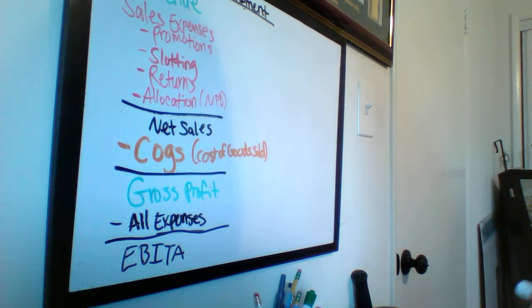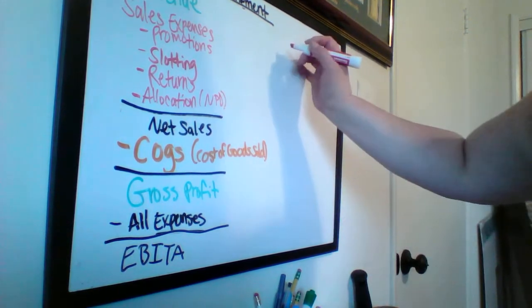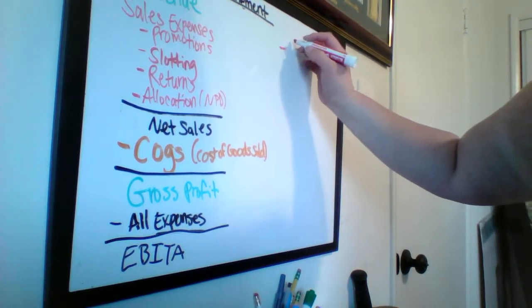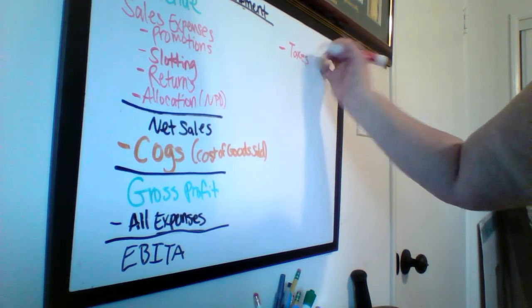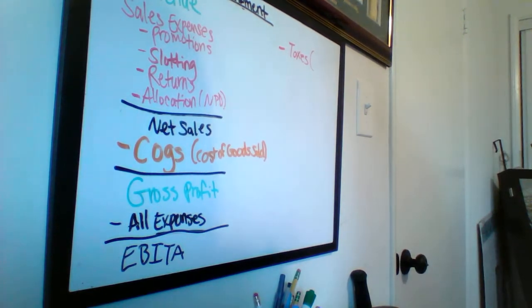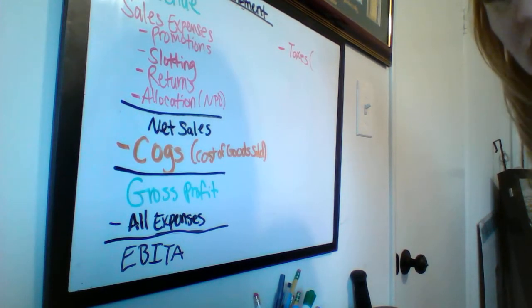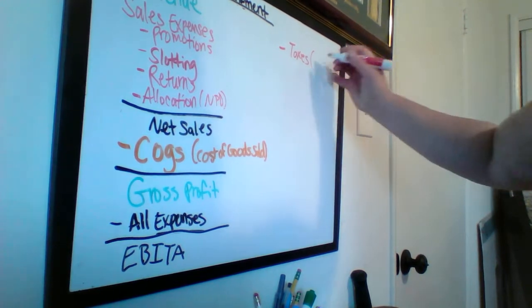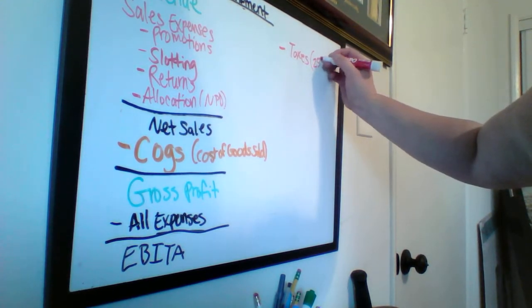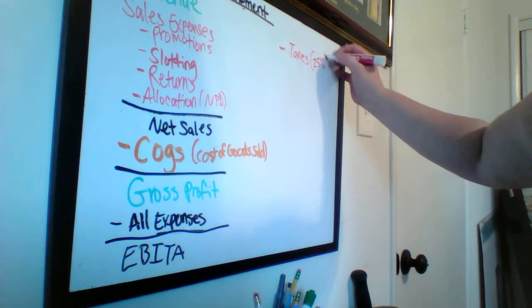Second to last part now is we're going to subtract out for taxes. So minus taxes. And normally for most businesses, now I'm not referring to sales tax here, this is referring to federal and state government taxes. We normally take out about 25% for taxes. It's usually about 20 to 25%.